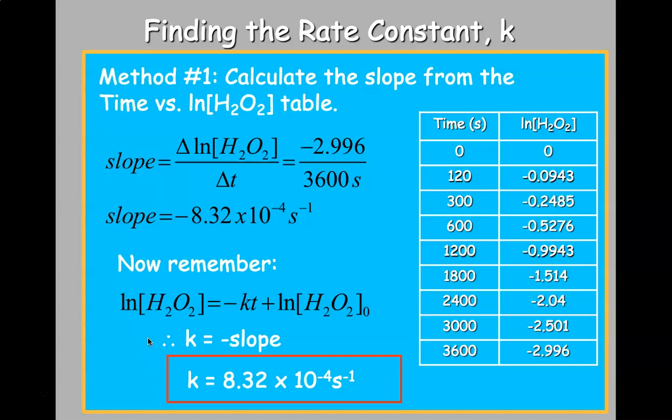One thing to note here. The slope of the line is not the rate constant. You get the rate constant from the slope. I bring this up because in the past, there were some questions on the AP exam where it asked, where do you get the rate constant from, having to do with integrated rate laws.